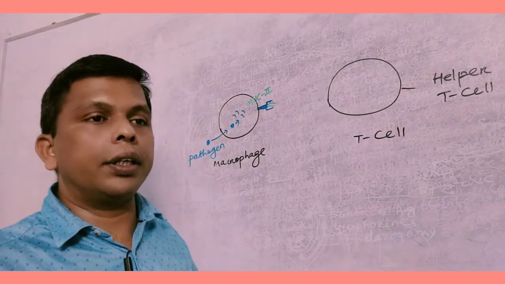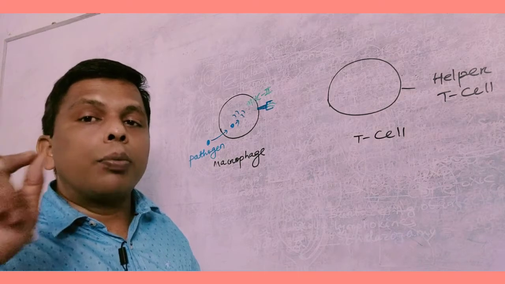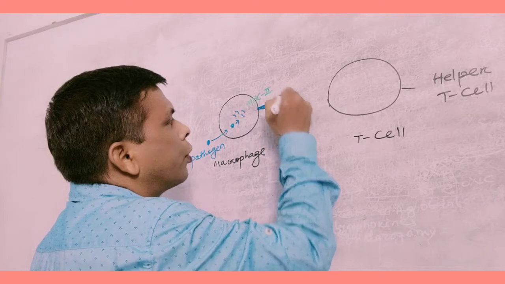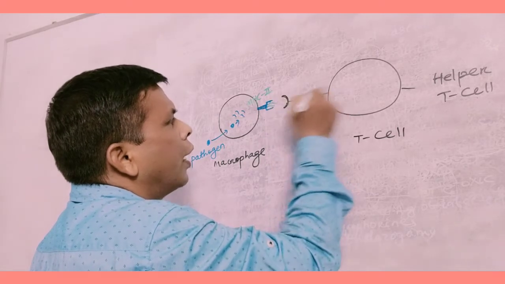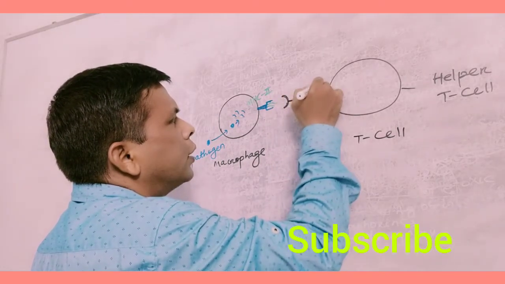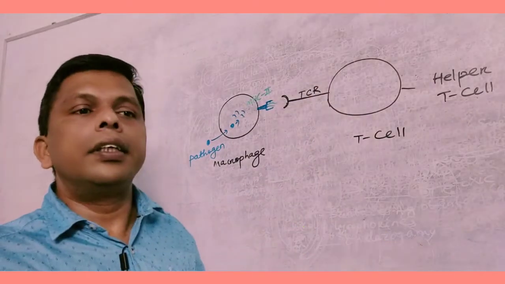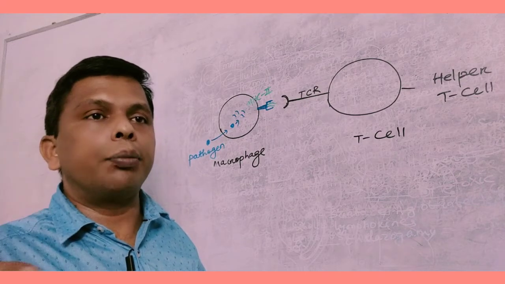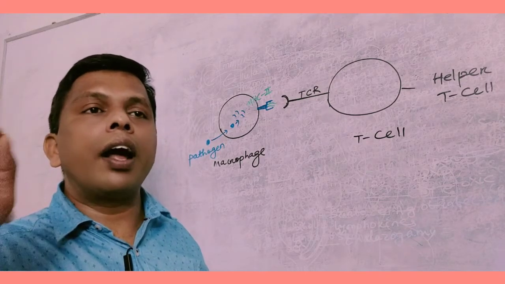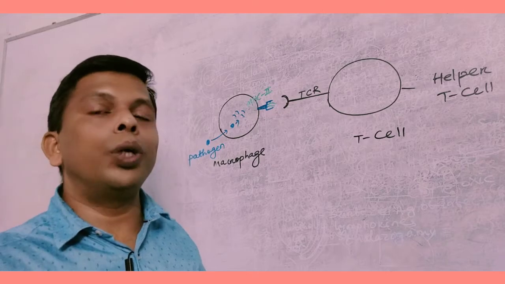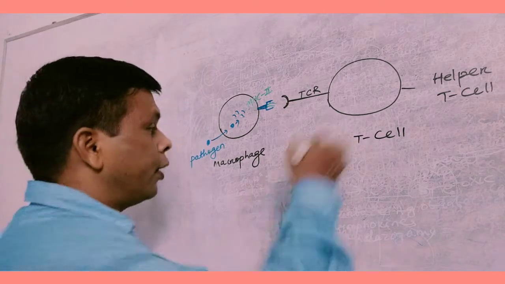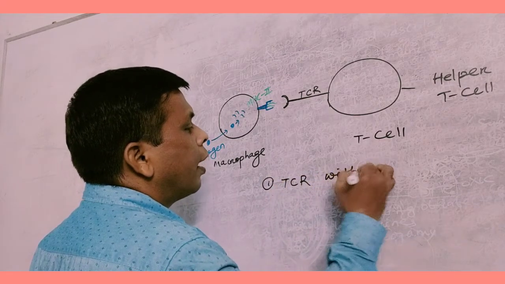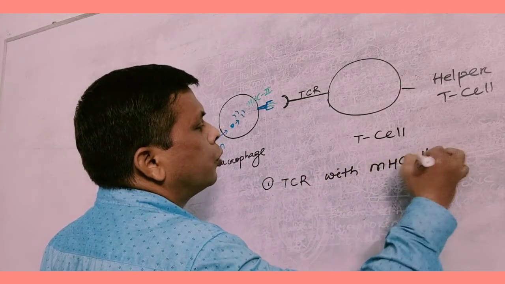How is it activated? First of all, there is a receptor on the surface of this helper T cell called TCR, the T cell receptor. This T cell receptor first interacts with MHC2, which is a very important phenomenon. The first phenomenon: TCR with MHC2.